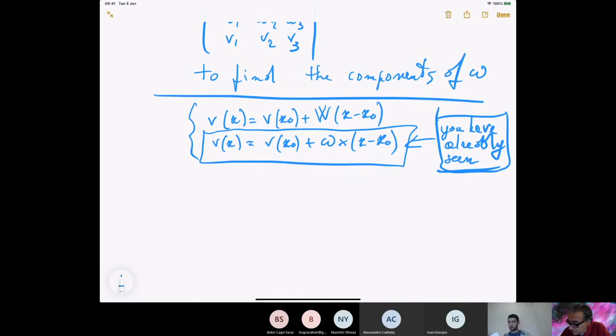So if delta k is v of x times delta t, so if I consider a small placement obtained multiplying times delta t a rigid velocity field, let's call it rigid.